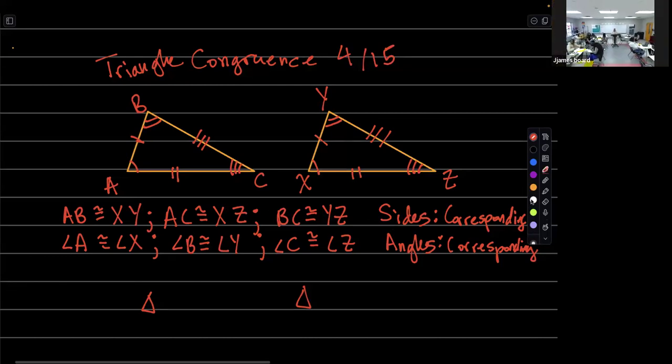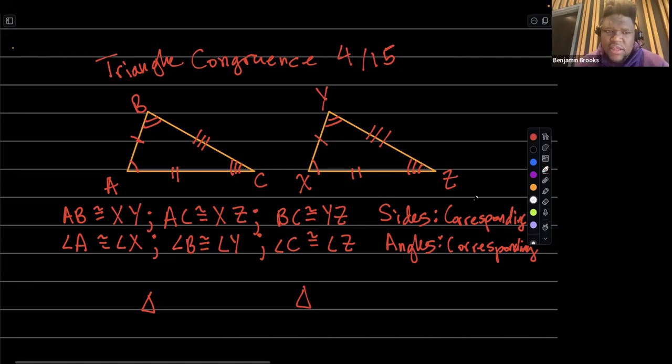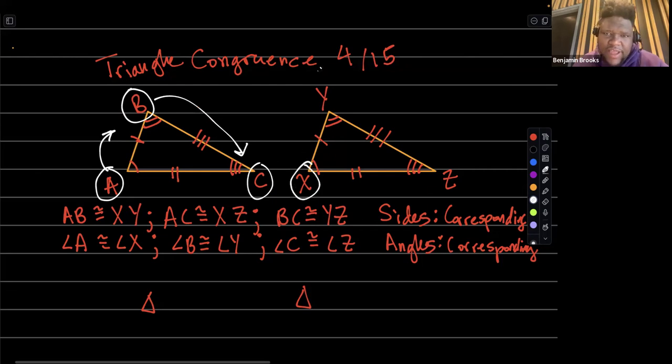Okay, I'll help you out. I can say that triangle ABC, so A, then B, then C, is congruent to triangle XYZ. Triangle X, then Y, then Z.